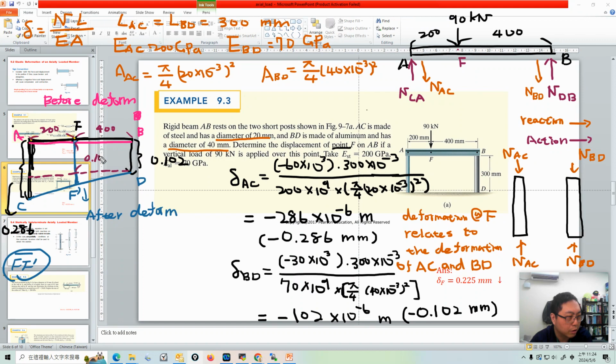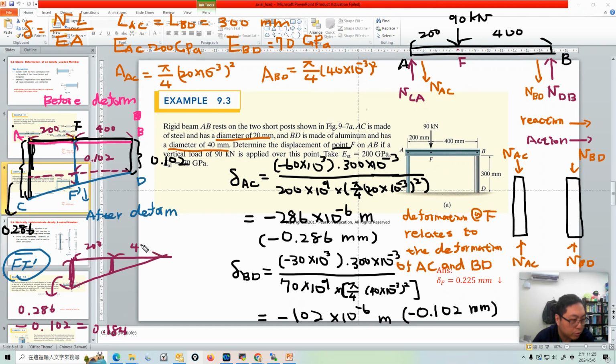I draw the final right triangle. Here is 0.286 minus 0.102, which is equal to 0.184.